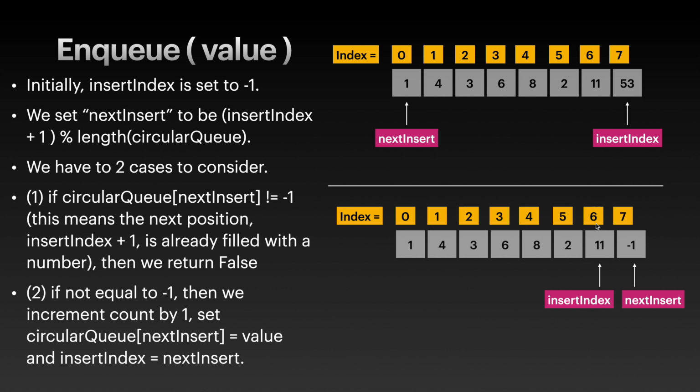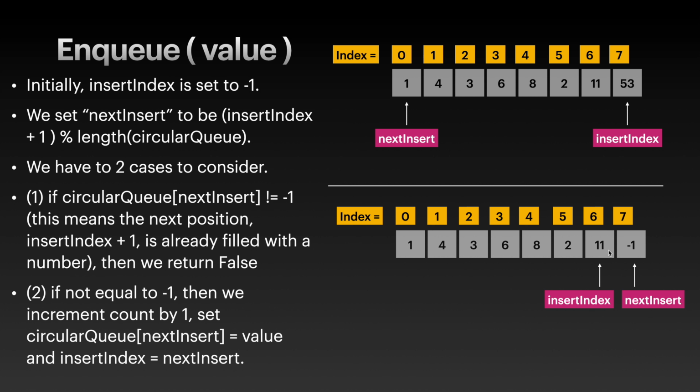Otherwise, this is another case. We have an insert index equal to 6, and then the next element is -1. What that means is we have not invoked the dequeue method so far. In this example we haven't used the dequeue method, otherwise we would have -1. So same here.